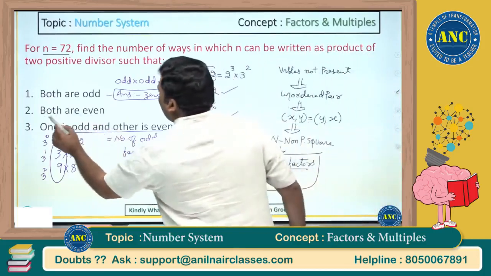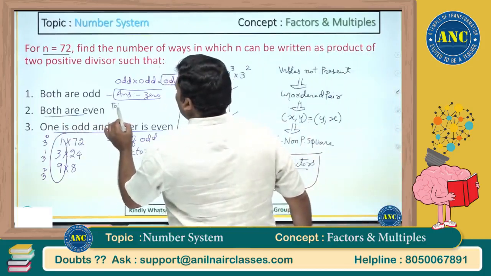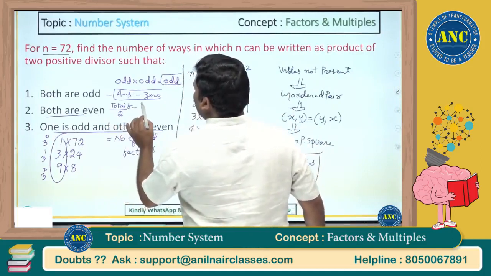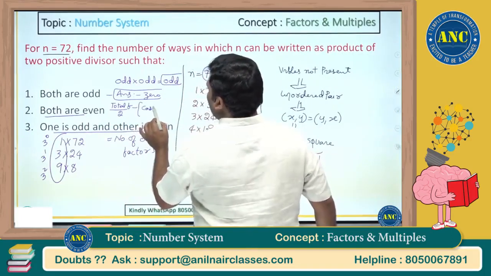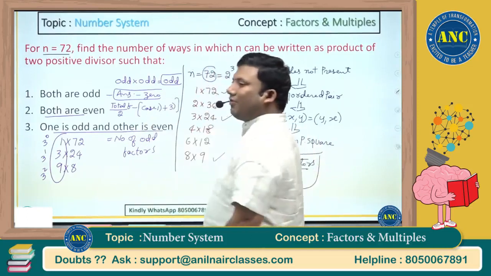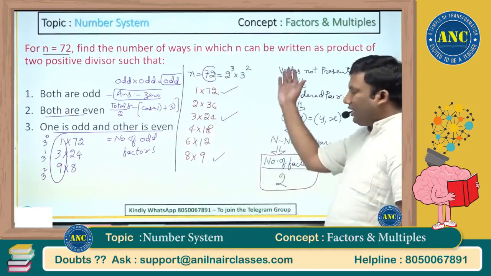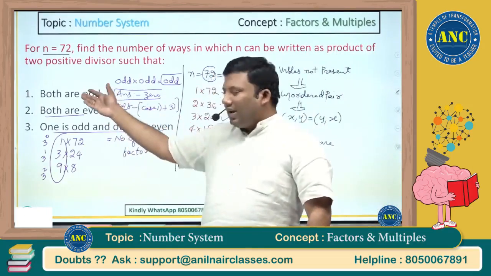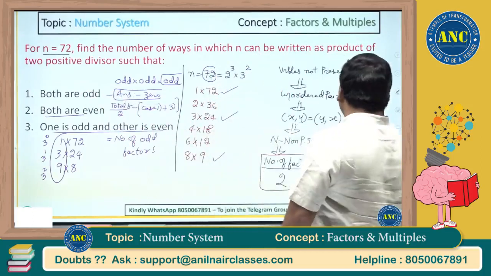Both are even is nothing but total number of factors divided by 2, minus case 1 plus case 3. Total cases in an unordered pair is total factors by 2, minus case number 1 plus case number 3.